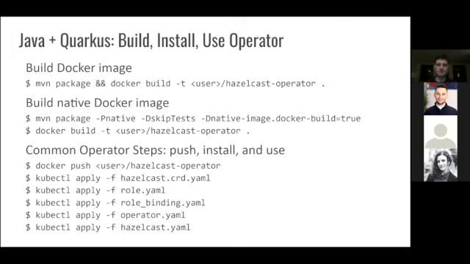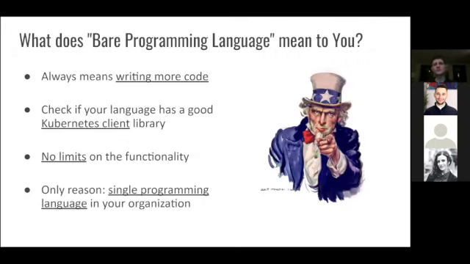So what it means to you, if you stick to the bare programming language, it will always mean writing more code. Obviously there is no limit on the functionality you provide, because you can write anything you want. But if you choose to do it, I see only one valid reason: if, for example, you build everything in your company in Java.